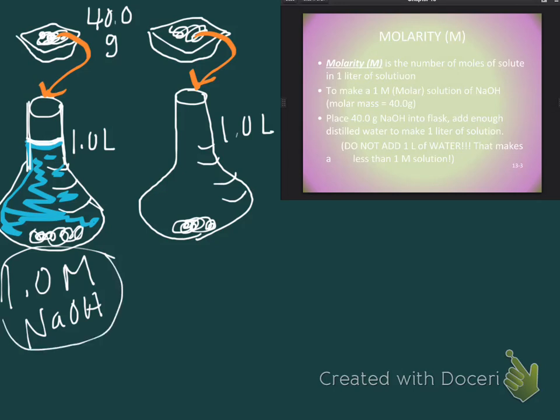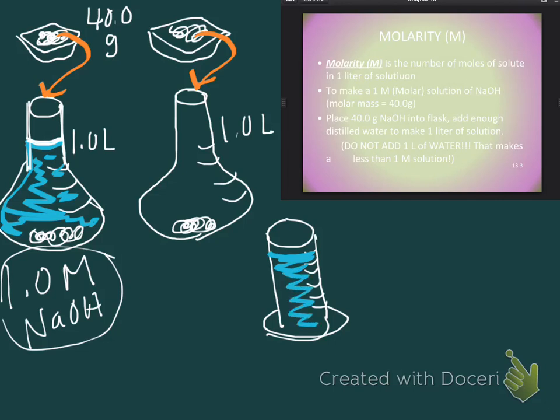In this other flask, I'm going to do something different. I put my 40 grams of sodium hydroxide in, and then I'm going to take a graduated cylinder. Here's my graduated cylinder, and it's marked as so. And I'm going to put 1 liter of water in my graduated cylinder. And then I'm going to take that 1 liter of water, and I'm going to add that to the Erlenmeyer flask.